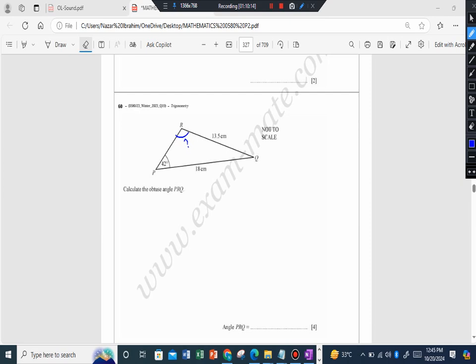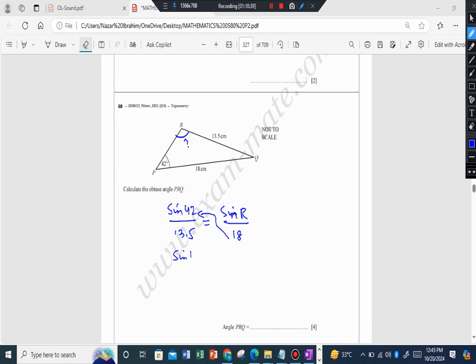Let's see first using sine law. A pair of opposite side and angle is known, and the side opposite to this angle is known. So, applying sine law, sine 42 upon 13.5 centimeter is equal to sine R upon 18, right? So 18 will go over there.